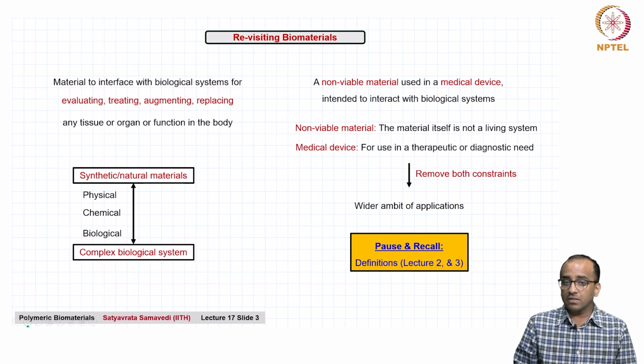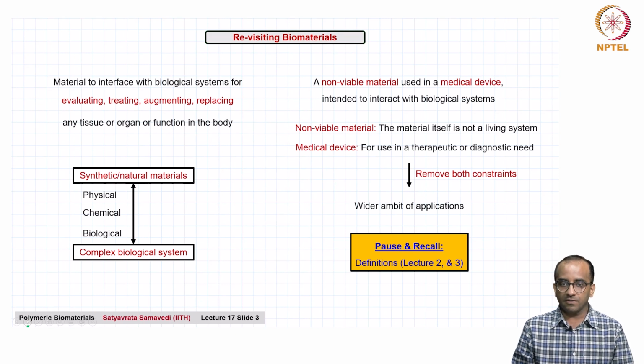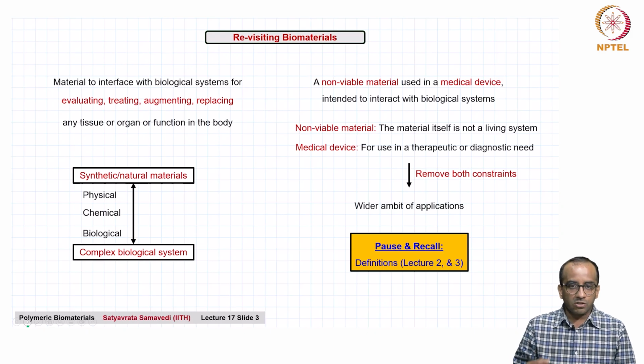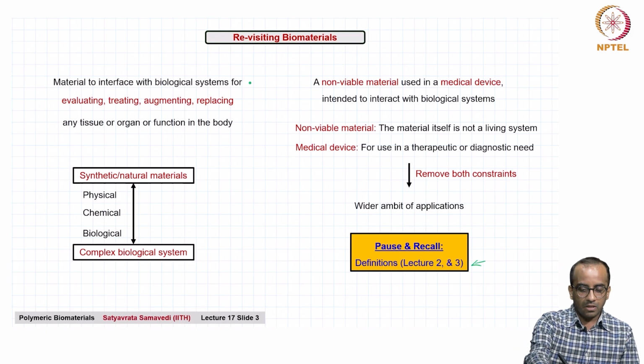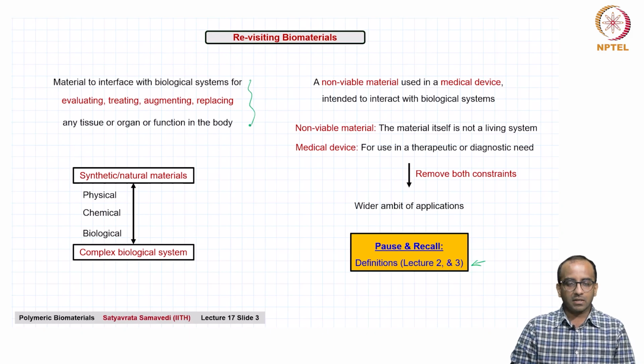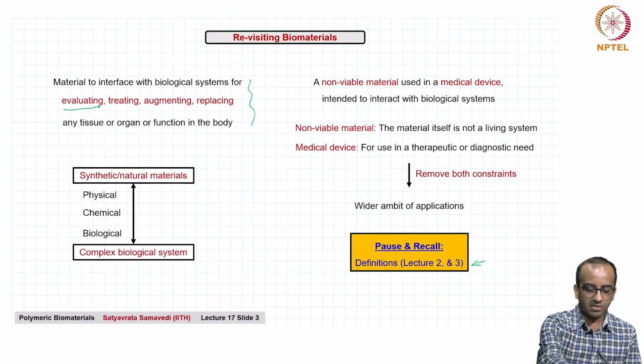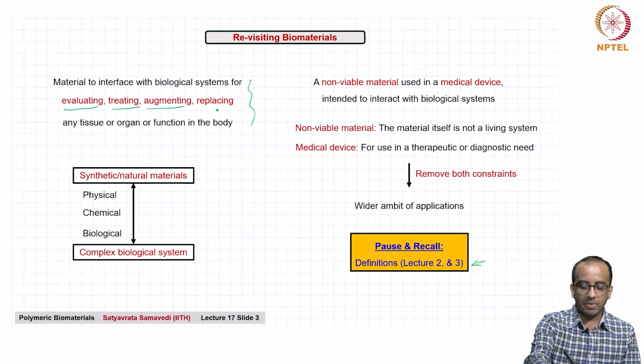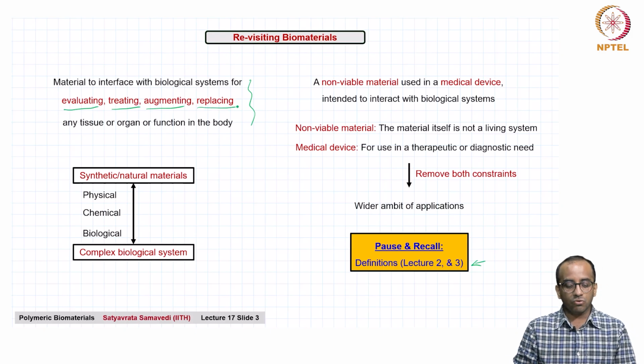So, we will first revisit our definition of biomaterials just to set the context for this and the next lecture. So, if you recall from some of our earliest lectures, namely lectures 2 and 3, where we were looking at definitions of biomaterials and biocompatibility, you will immediately recall that a biomaterial is any material that interfaces with biological systems for largely 4 things: evaluate, treat, augment or replace any tissue or organ or function in the body.